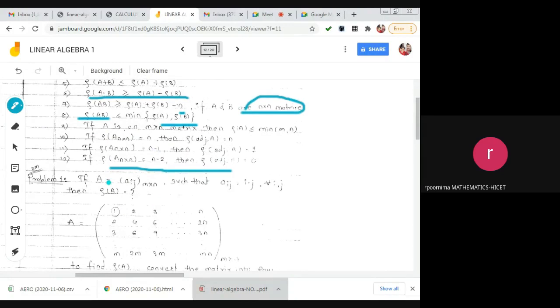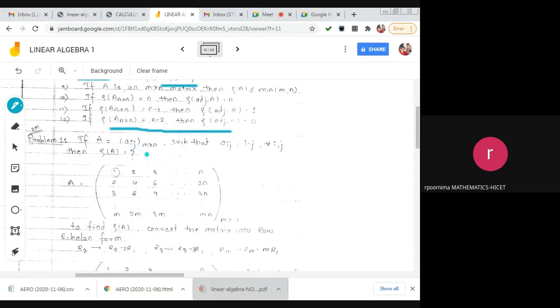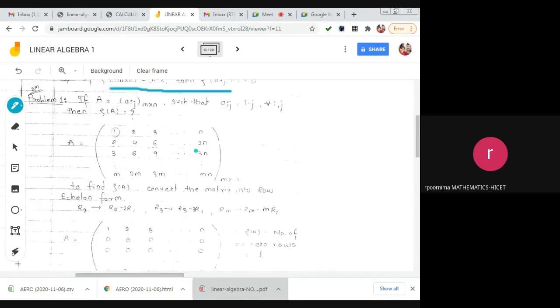Next problem: if A is Aij of order m by n such that Aij is i times j for all i, j, what is the rank of A? It is a general matrix: 1, 2, 3 up to n, then 2, 4, 6 up to 2n, etc. To find the rank, convert the matrix into row echelon form using only row operations.